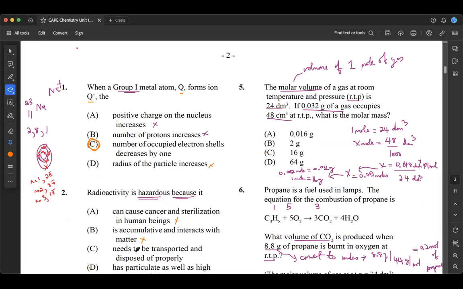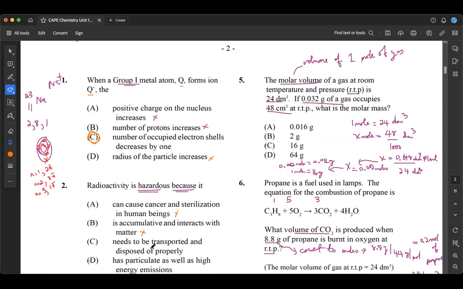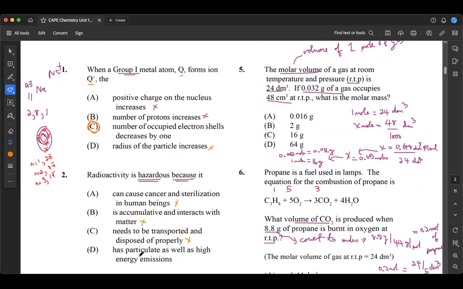Is it because it needs to be transported and properly disposed of? That's not why it's hazardous. That's a result of it being hazardous, why we need to do this, right? But why is it hazardous? It's because it has particulate as well as high energy emissions, right? So that's going to pose a hazard for us, right? So the answer for 2 is D.